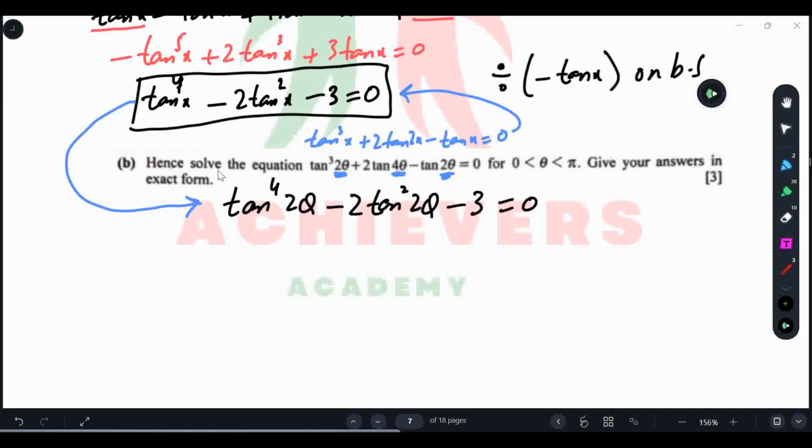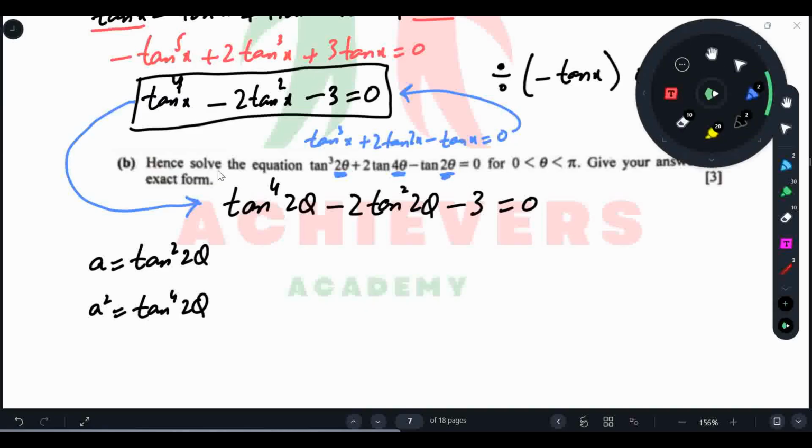This is what we need to consider. Now we can make it a quadratic equation. So a will be equal to tan square of 2 theta, then a square will be equal to tan 4 of 2 theta.